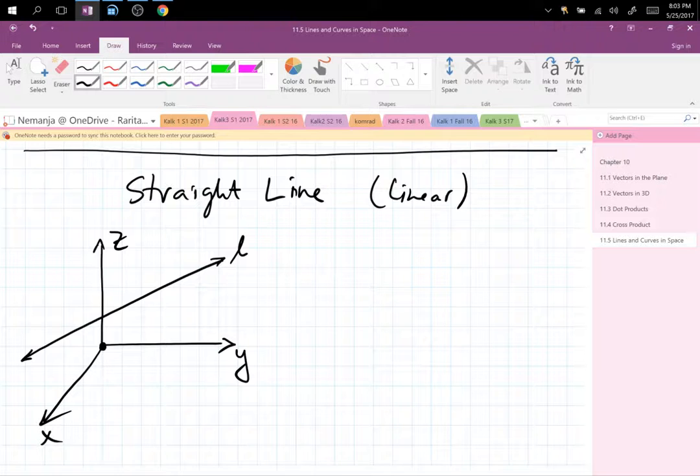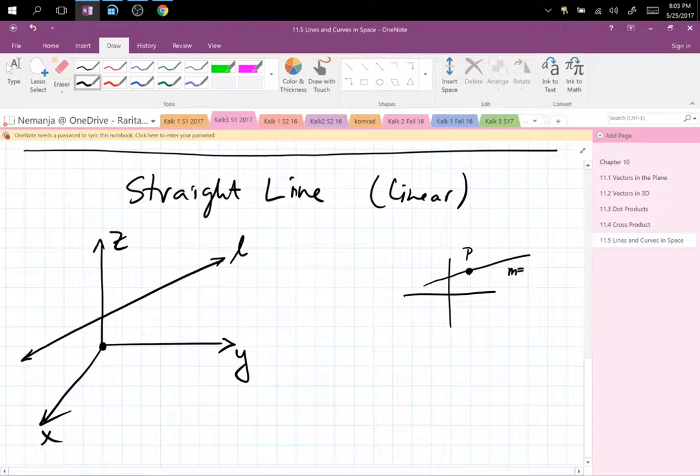If you remember your basic algebra, all you need is a slope and a point. So in 2D, if you have a point somewhere and you know the slope, you will strike the line through that. You have a point P and the slope m equals some value, and you plug that in and get your y equals mx plus b.